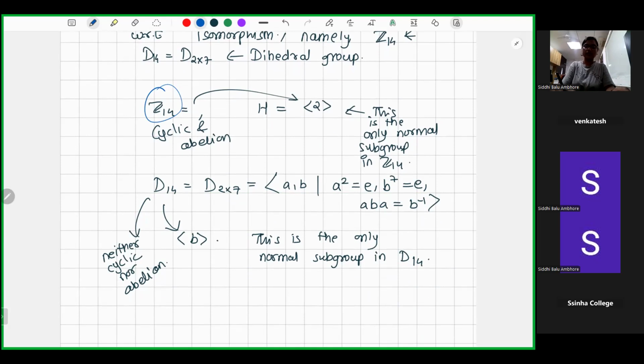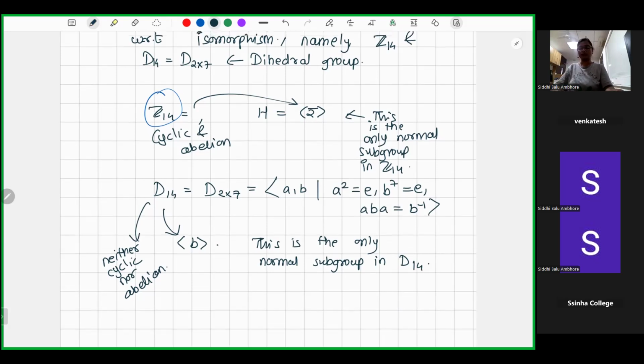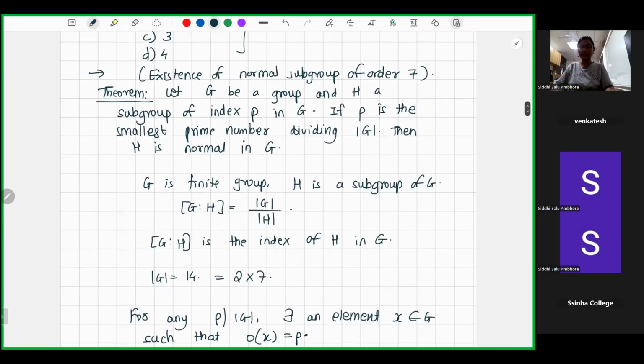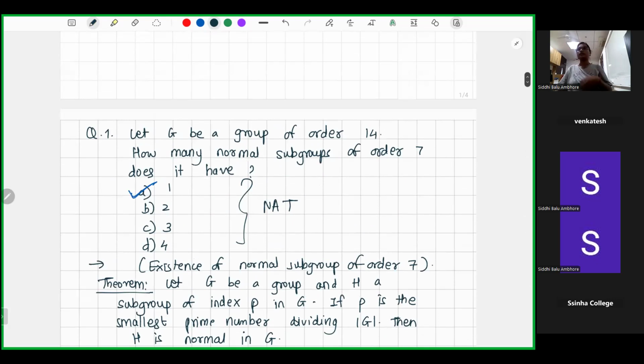The other subgroups are generated by 4, 6, 8, all modulo 14. So each has only one normal subgroup of order 7, and that's what we wanted to calculate: how many normal subgroups of order 7 are there in a group of order 14? I hope it's clear. If there is any doubt, please let me know.